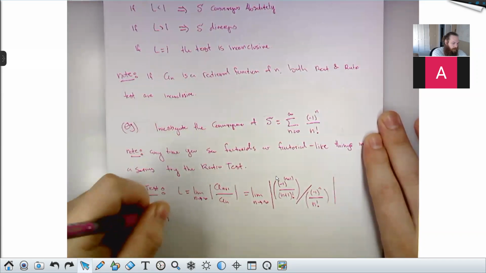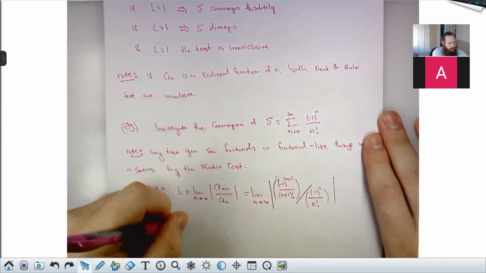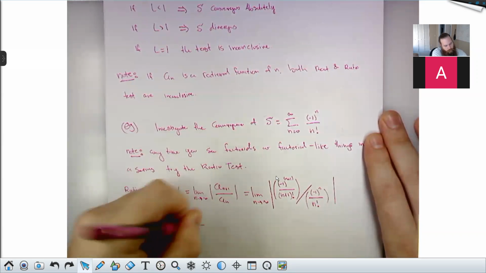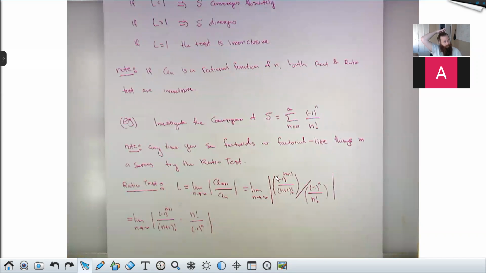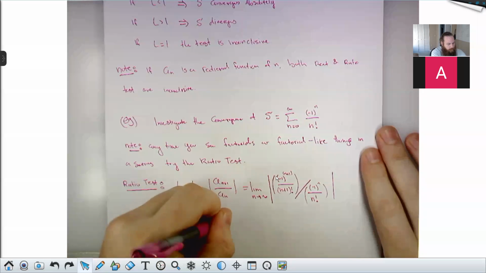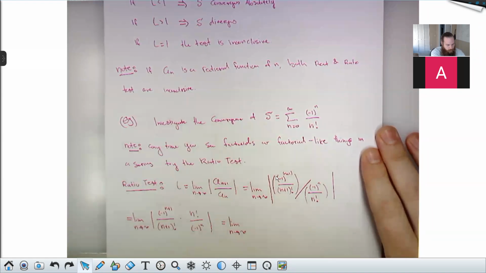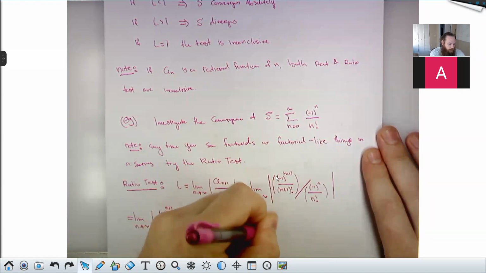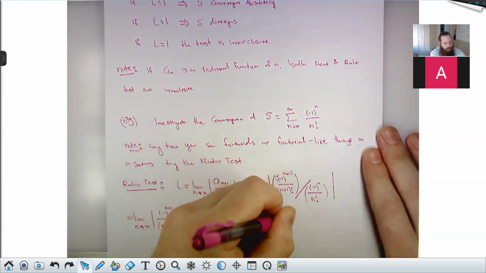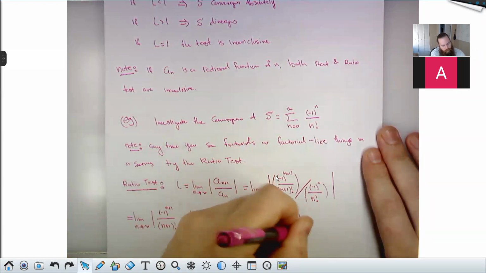And I get (-1)^(n+1) over (n+1) factorial times n factorial over (-1)^n. And then I can regroup my terms. Everything here is being multiplied. Fractions multiply straight across and in whatever order you want. So I can think of this as n factorial over (n+1) factorial times (-1)^(n+1) over (-1)^n.